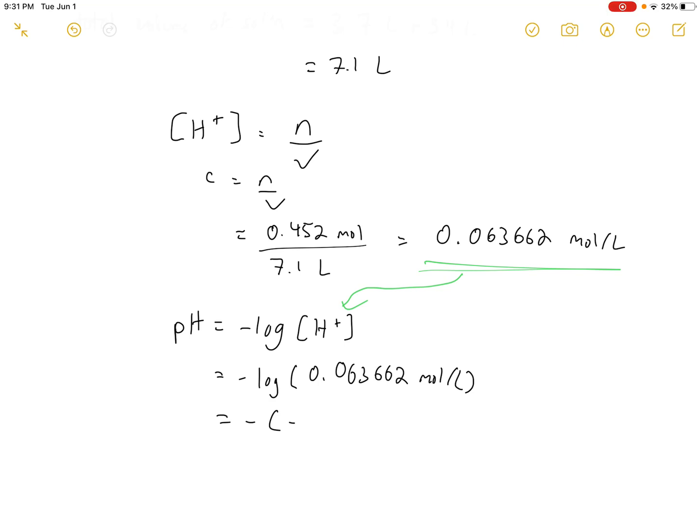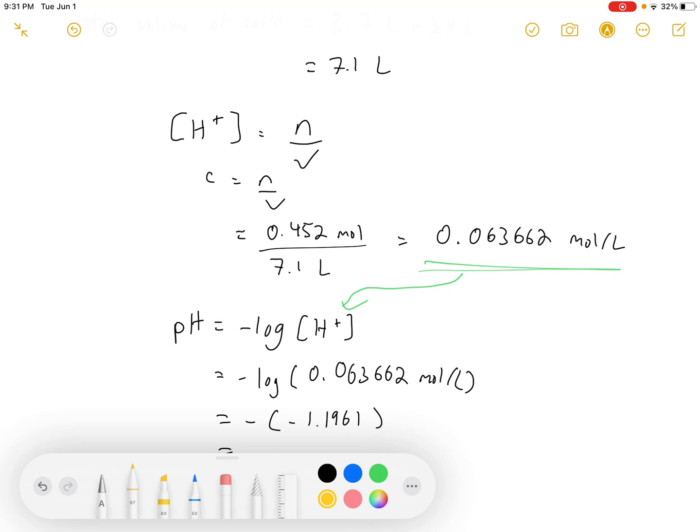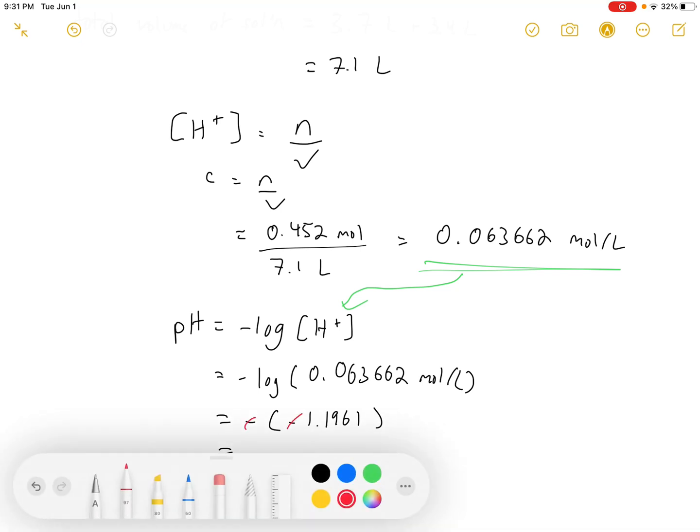When you type that into your calculator, you take the log of that, and then again we have two negatives, so they're going to cancel out.